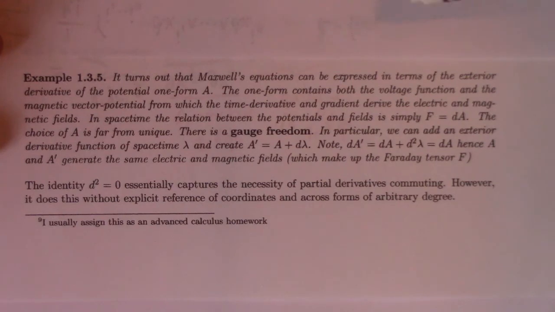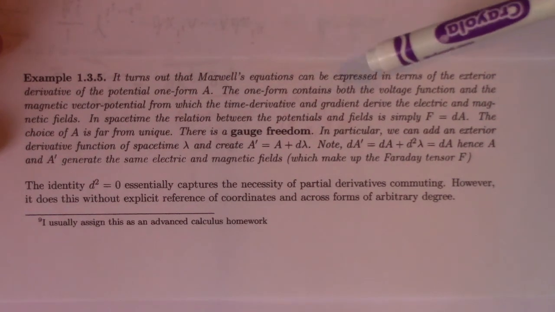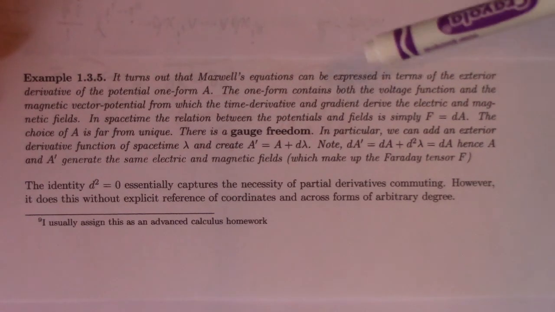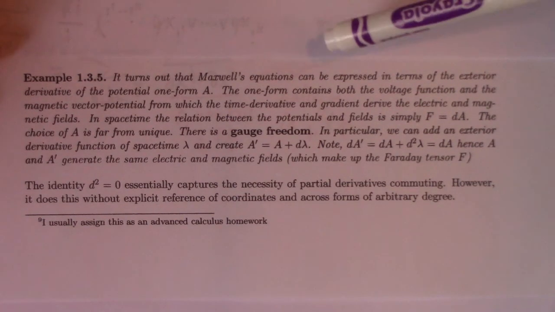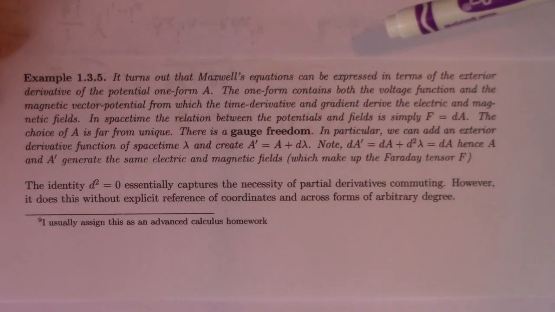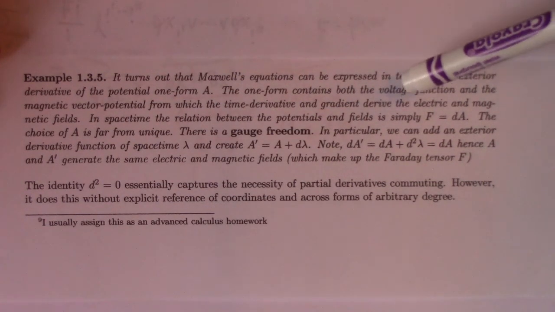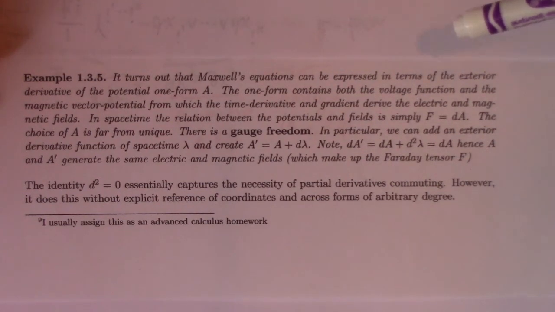But it turns out that you can write electric and magnetic fields in terms of derivatives, spatial and temporal, of the so-called voltage function, which you're more familiar with from university physics, and also this vector potential. You can roll all of those things together into one potential one form in 4 dimensions in space-time. So that one form contains both the voltage function and the magnetic vector potential.